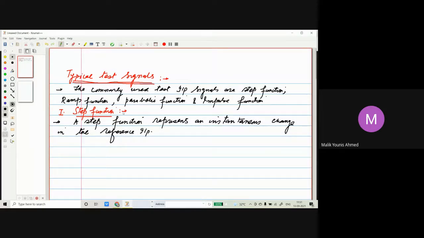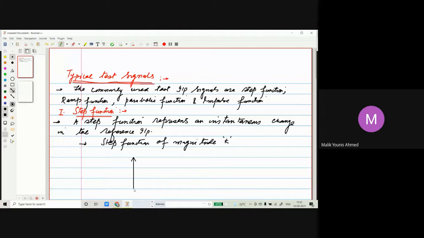Now, mathematically, if we write the description of the step function of magnitude k, it can have any magnitude. We can show it mathematically also.